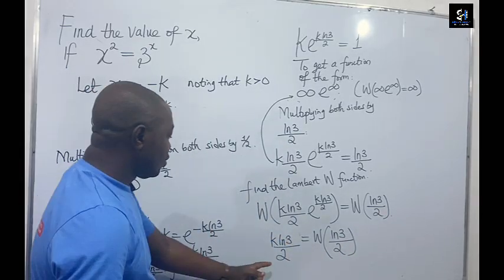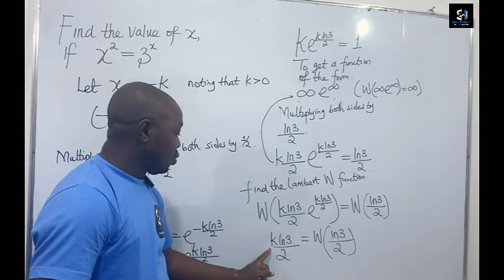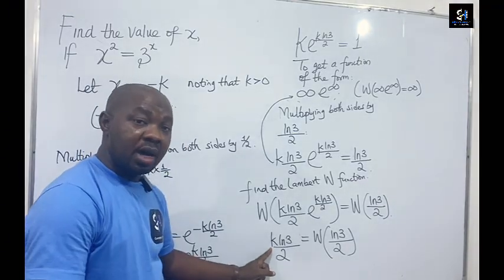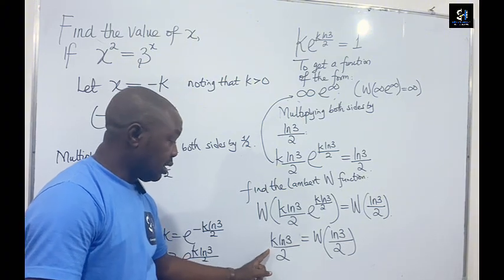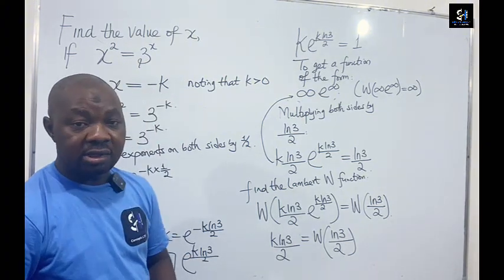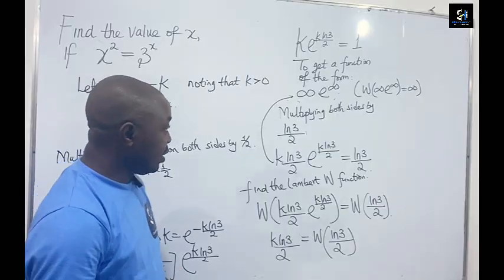Now, I'm going to isolate k. To isolate k, I'm going to multiply both sides by 2 over ln 3.